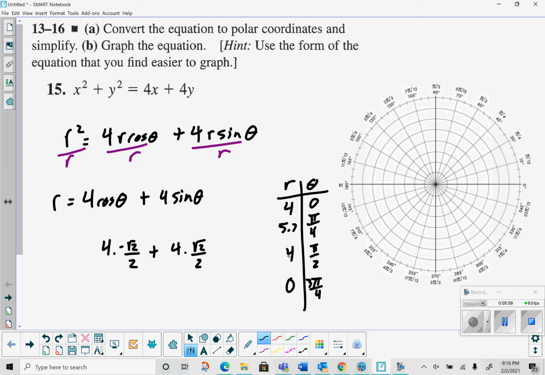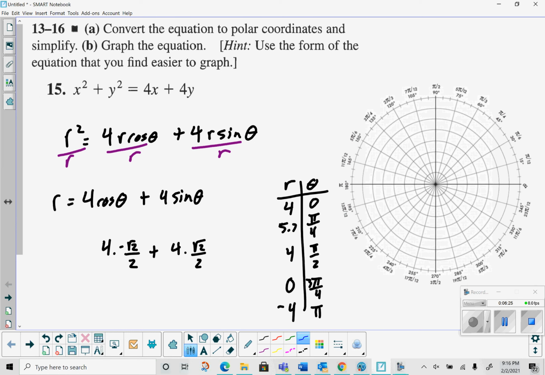That gives me 0. And then if I try pi, the cosine of pi is -1. The sine of pi is 0. So I get 4 times -1 plus 0. So that's -4.